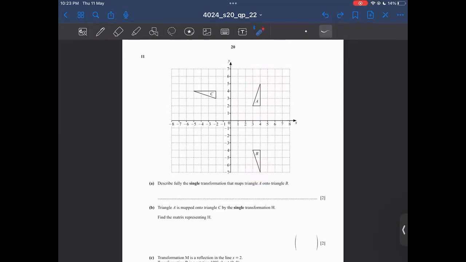Now the next things we have are rotation and reflection. This is not rotation over here. If you rotate this triangle 90 degrees clockwise, you'll get a triangle like this. If you rotate the triangle anti-clockwise, you get a triangle like this. This is pointed left side, this is pointed right side.